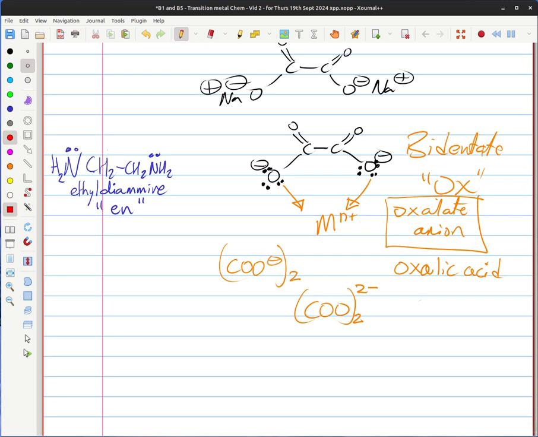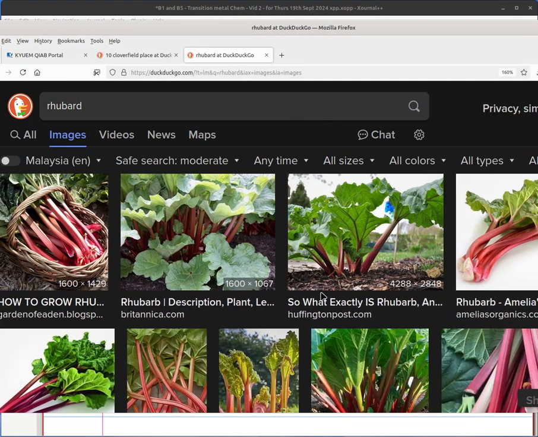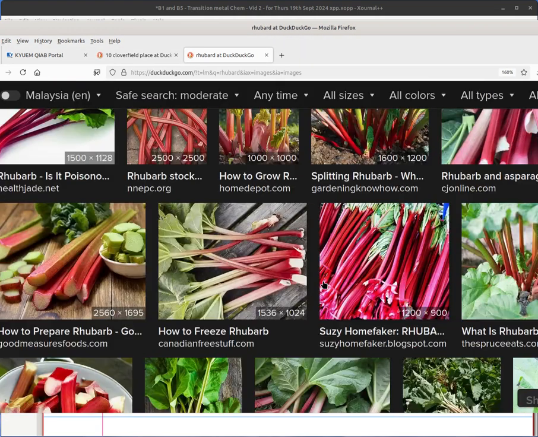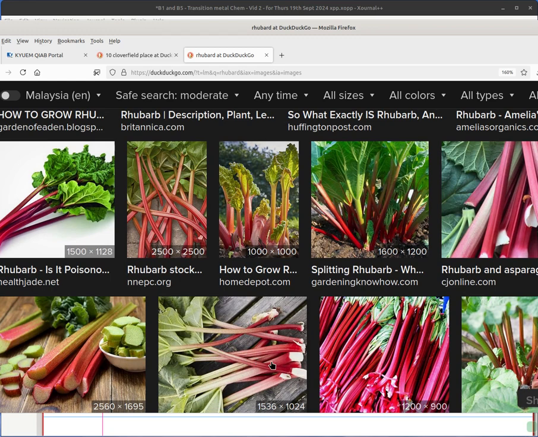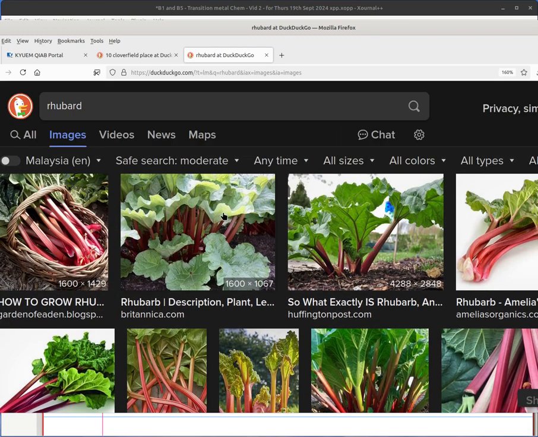I'm not sure if you have been to Europe, and if you have, maybe there's a vegetable that you ate. I think it's a vegetable rather than a fruit. There's something called rhubarb. It's quite commonly eaten with custard. Rhubarb and custard is quite a nice thing. This stuff kind of grows in the wild. A lot of people eat it, but they do not eat the leaves, the green thing.